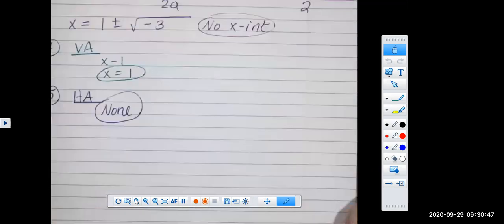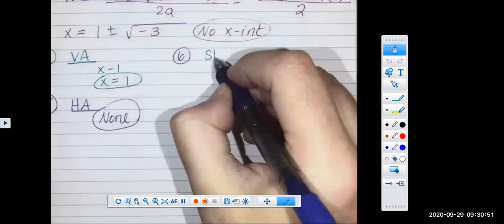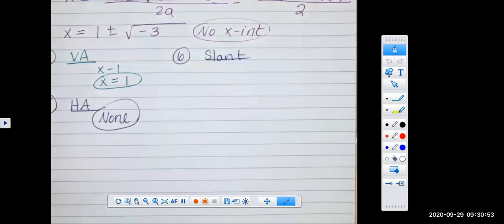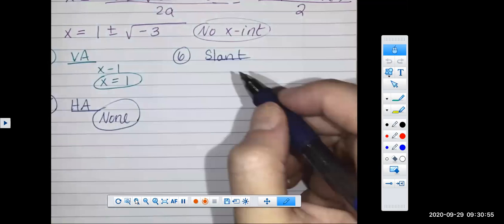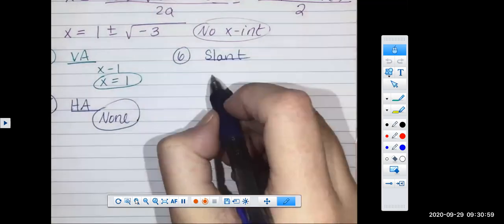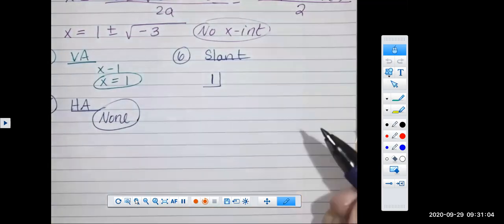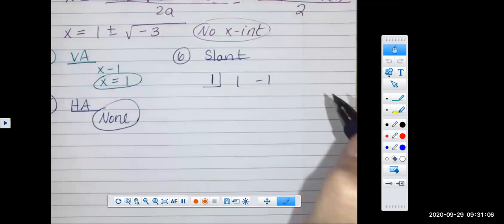6 is your slant. And the degree on top is 1 more than the bottom, so there is a slant asymptote. So I have to divide. If you look back at your problem, you do the opposite of the number with x on bottom, which will be +1. All of my coefficients on top are 1, -1, +1.